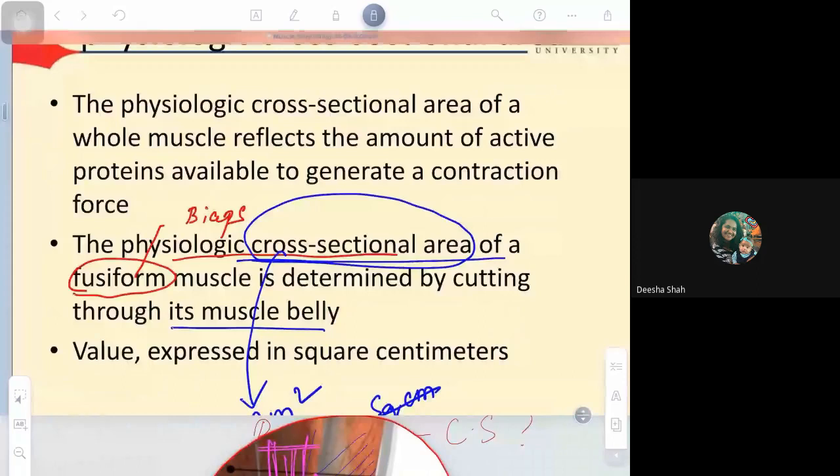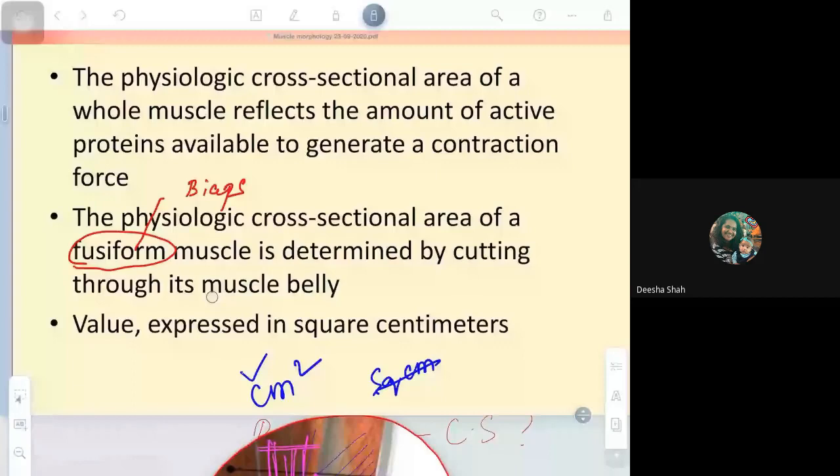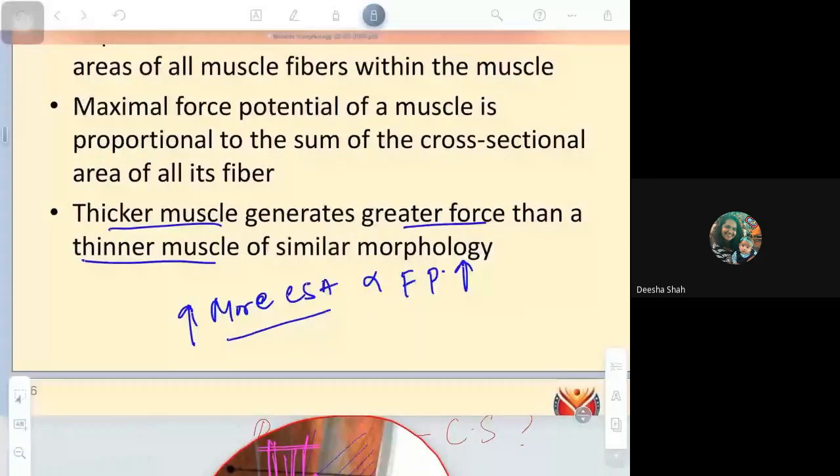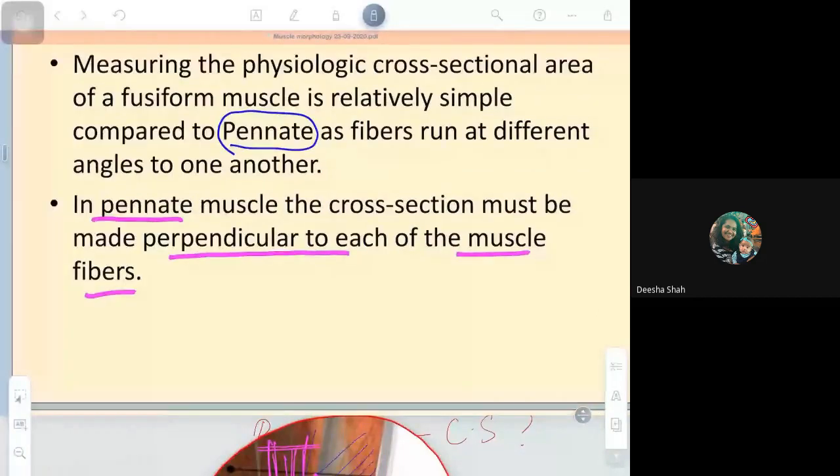Here, in pennate muscle, we discussed the cross section must be made perpendicular to each of the muscle fibers. So this is the first point we discussed.